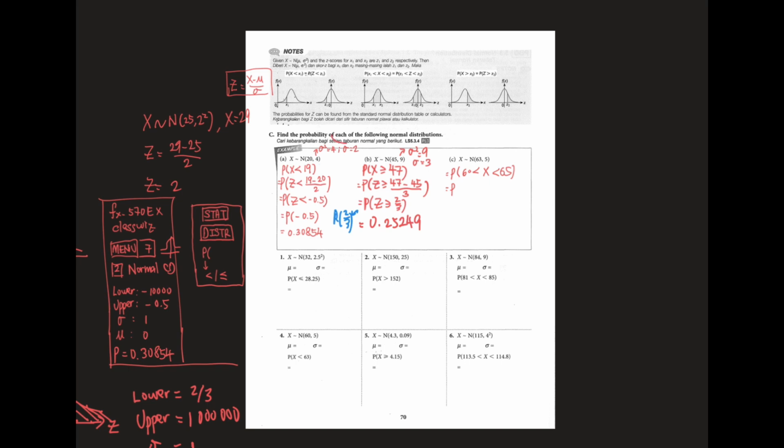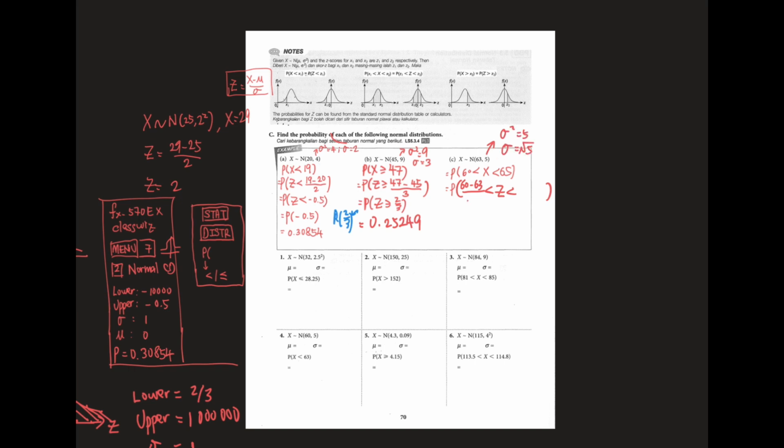So that means something like this: the middle one we change to z straight away, but for the two values, 60 and 65, we do 60 minus the mean over the standard deviation. Imagine sigma square is 5, so the standard deviation is square root of 5.